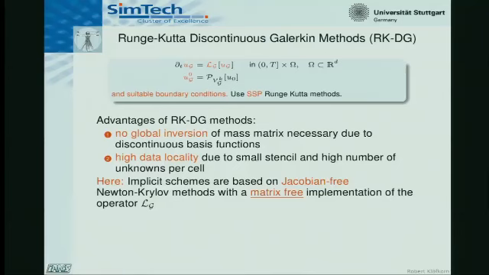In our setting and throughout the talk, if I talk about implicit schemes, then they are based on Jacobian-free Newton-Krylov methods with a matrix-free implementation. So matrix-free implementation, keep that in mind, please. That's an important part. This just means that if I apply a matrix vector multiplication, I have to iterate through the grid and evaluate the whole operator.